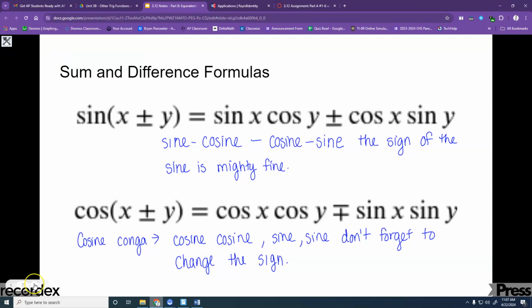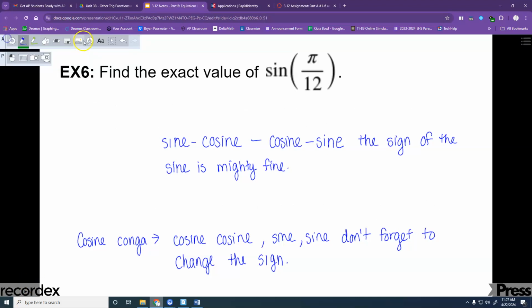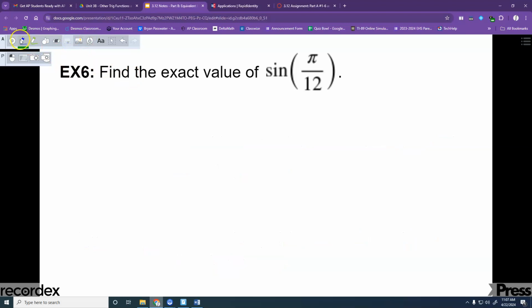So let's look at what questions look like for this. I honestly don't know if AP is going to give you a question exactly like this, but this is all our textbook used to do, and I think it's kind of helpful. If you go back to the dark ages when there were no calculators, which I realize always makes students angry that we're even discussing that possibility because it's not your reality, but finding sine of pi over 12 was not easy because it's not on the unit circle, right?